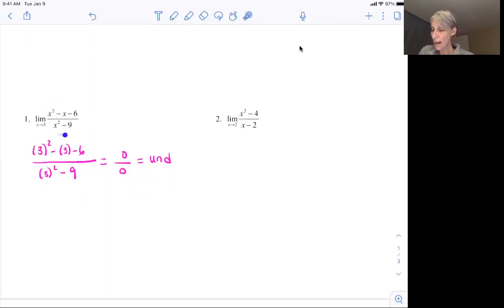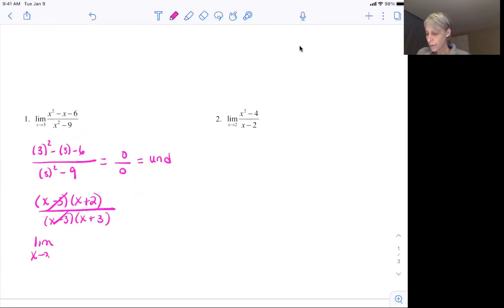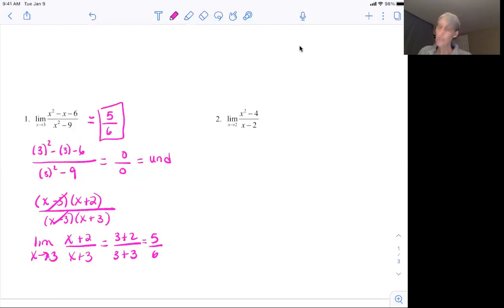Well, since this is a rational function, we can factor this function, simplify, and try again. 3 plus 2, 3 plus 3, 5 over 6. So my actual answer is 5 over 6.